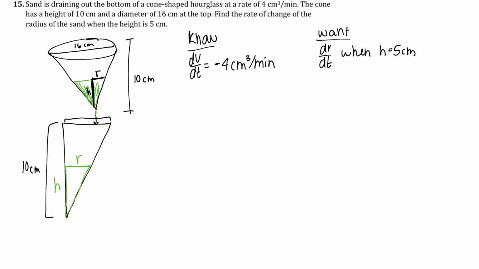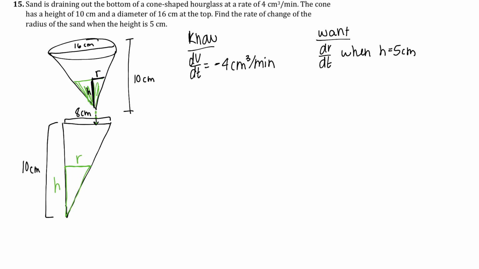So the radius of the big cone is 8 centimeters. And we can set up a similar triangles problem here, which we're going to need in a moment because we're going to relate volume and radius together, and we're going to end up having height. So we're going to use this in a second.